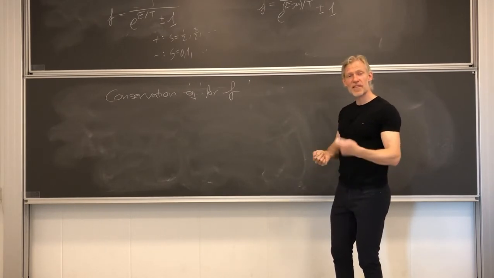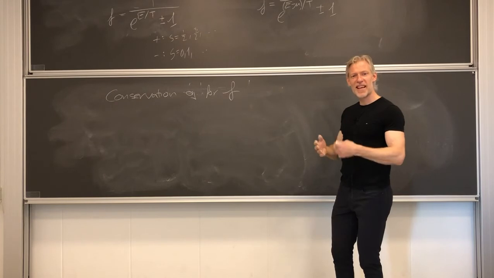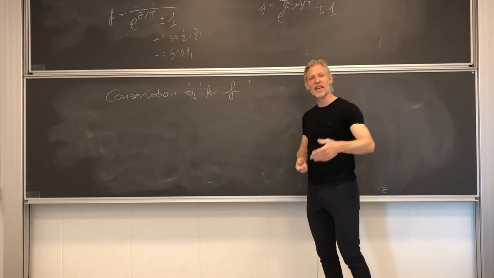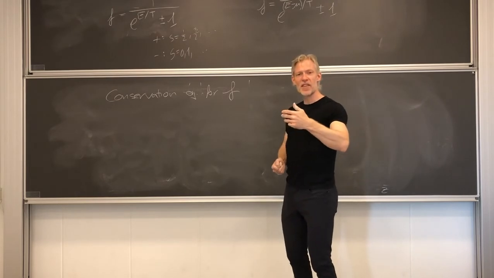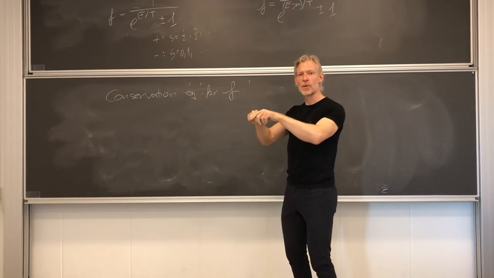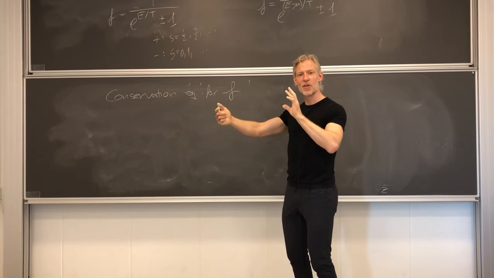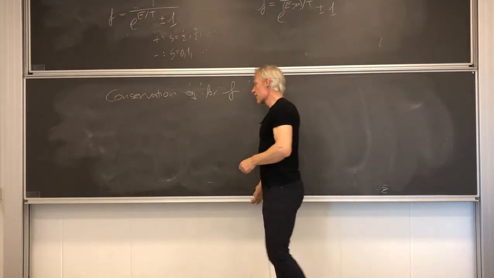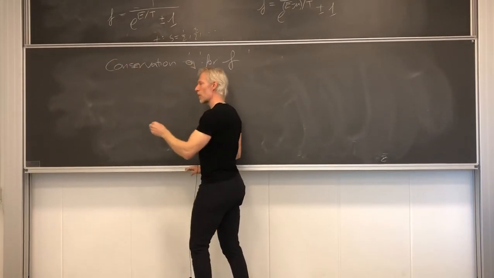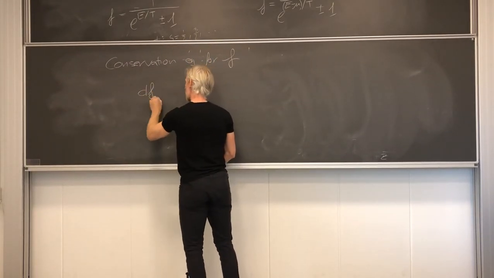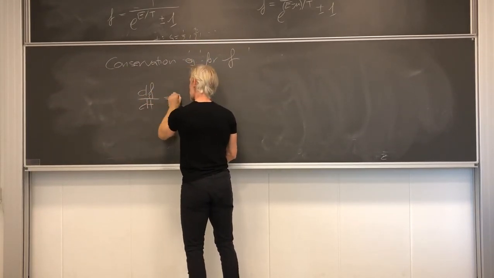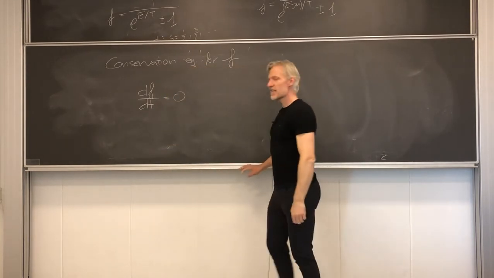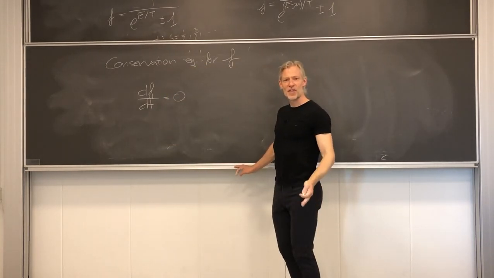So in the absence of anything that takes away distribution function or adds distribution function, understood in the way that in the absence of anything that transfers energy and number into whatever particle species you're looking at, or transfers energy and number out of it, we can actually write down a very, very simple equation for the conservation of the distribution function. It's just that the time derivative is equal to 0.